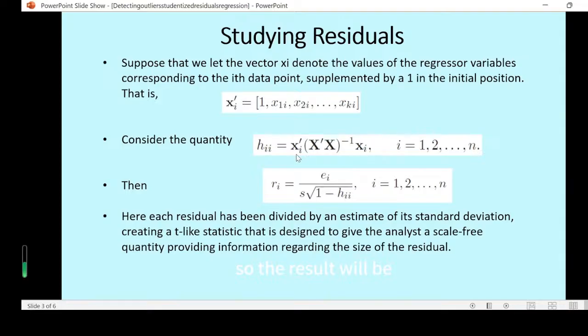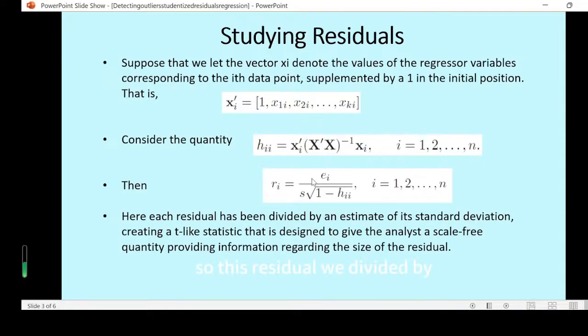So the result will be a scalar value, right? So this value will be used further to calculate ei, the difference between the observed y and the regression value, the y hat. So this is ei, the residual of this observation.